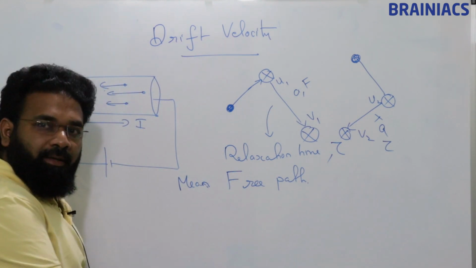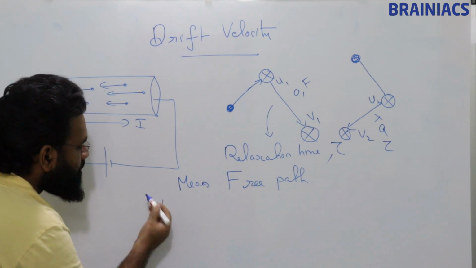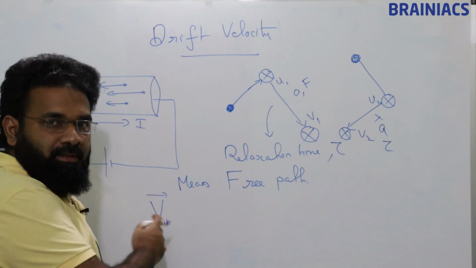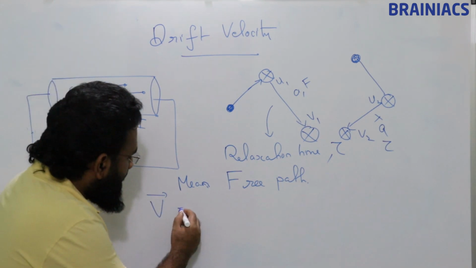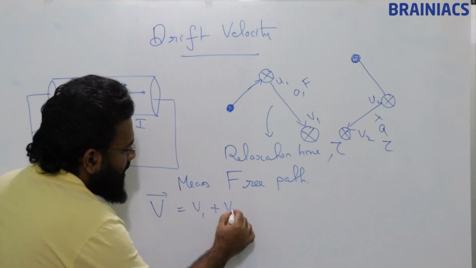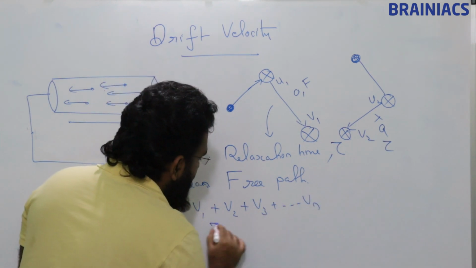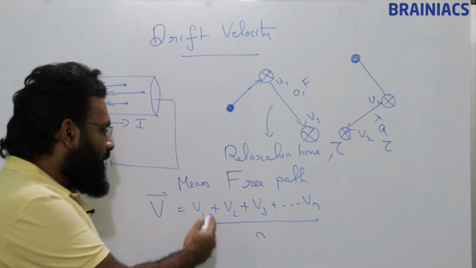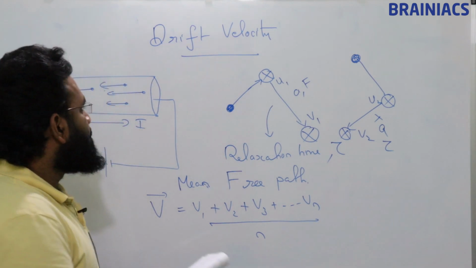Now how to find the average velocity, the drift velocity? Generally we take this as nothing but drift velocity itself. Average velocity can be found by V1 plus V2 plus V3 up to Vn divided by n, if there are n number of electrons.